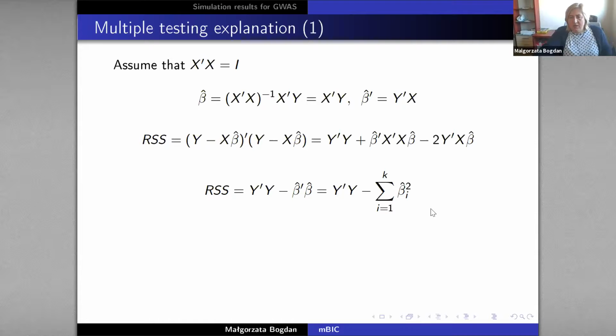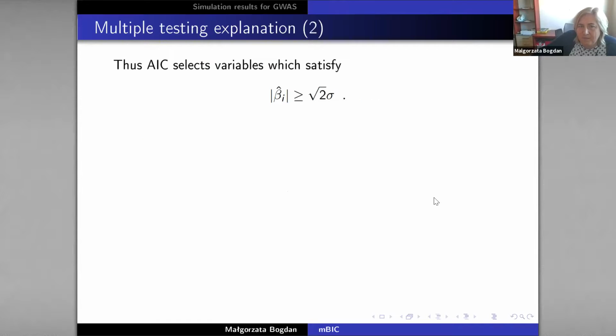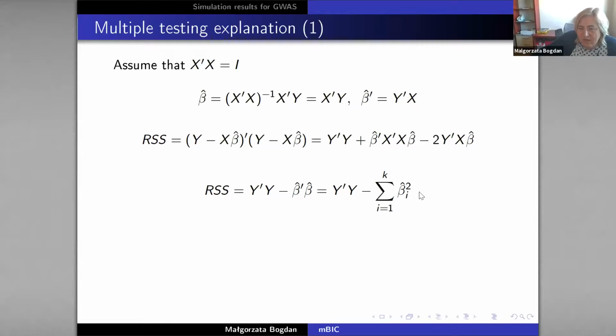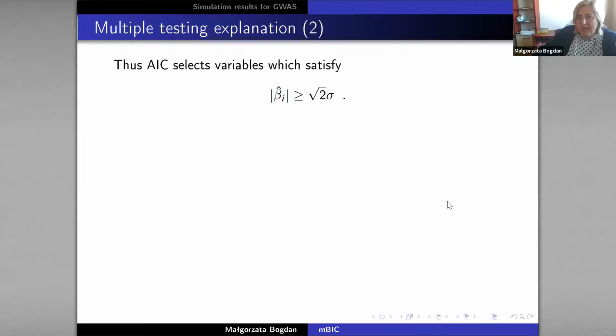So basically, at each step, your residual sum of squares goes down by exactly beta i square. So if you use Akaike, you are going to add a new variable if your beta i square is larger than this penalty for dimension, which is 2 sigma square per variable.